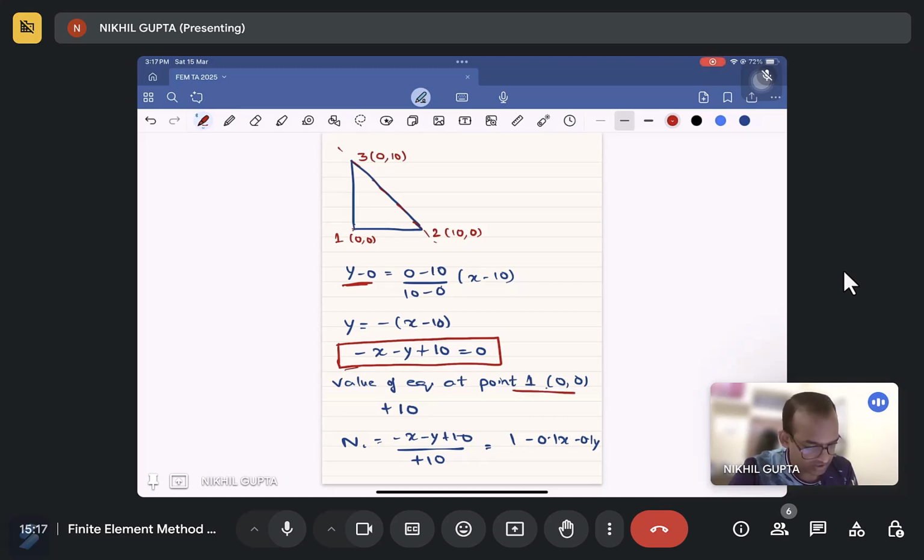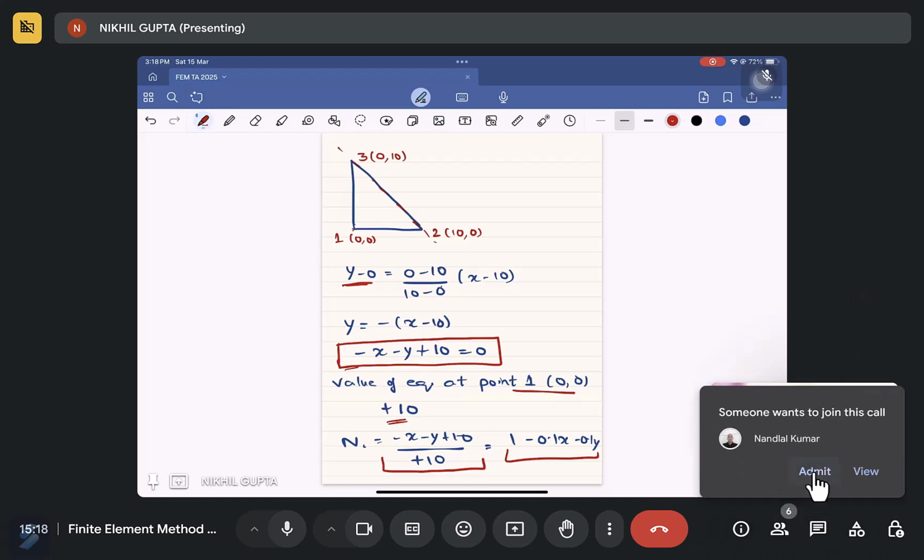When you put in 0 and 0, you will get 10. To normalize it, we divide this equation by 10 and you will get N1. So it's a way of solving it in 2D.